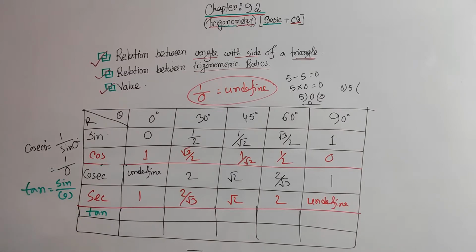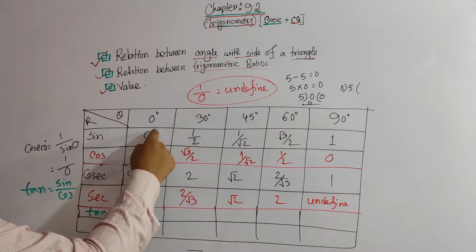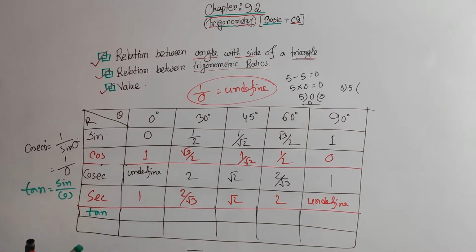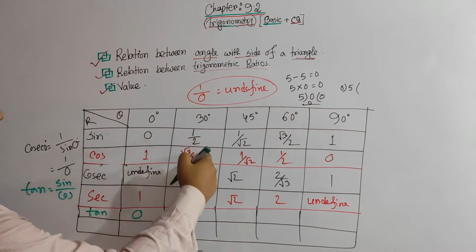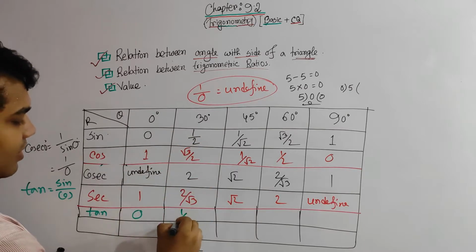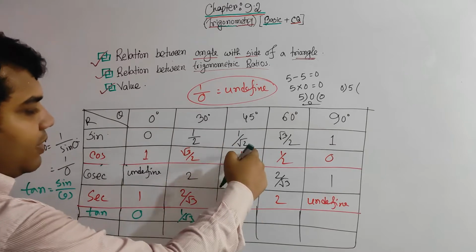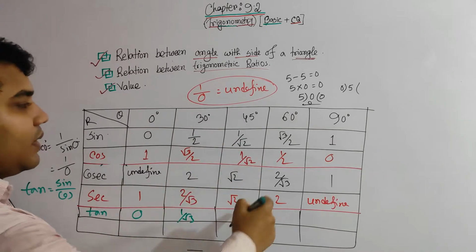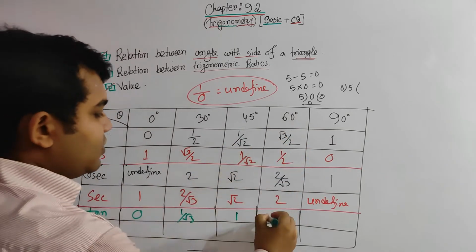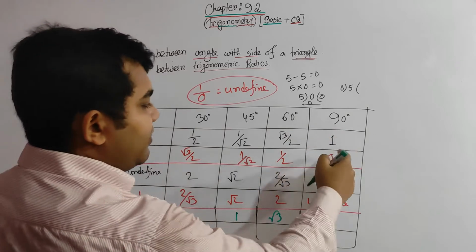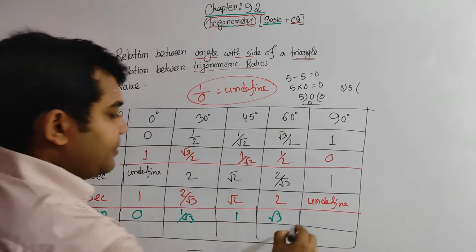Tan is sine by cos. So if we divide these two, sine by cos, 0 by 1 must be 0. Then 1 by root over 3. Then for 45, 1 by root over 2 divided by 1 by root over 2 must be 1. Then root over 3, and 1 divided by 0 is undefined.